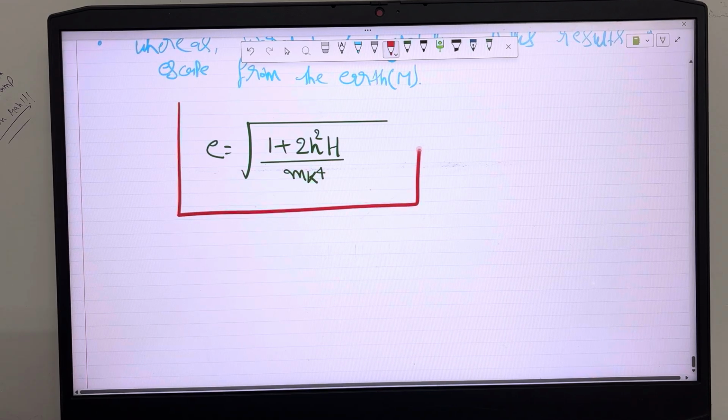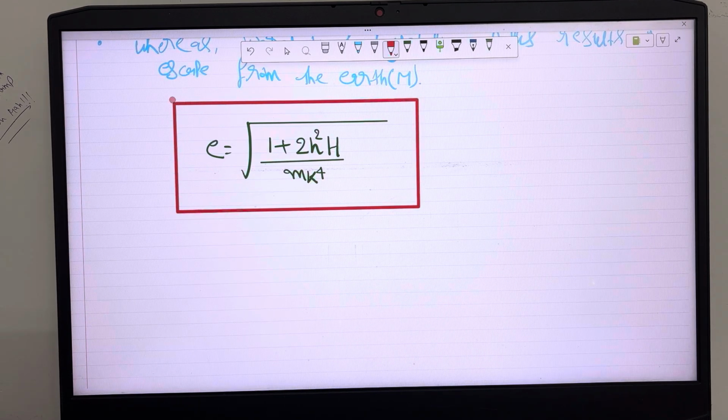You know all these things over here, right? One thing you don't know: h is nothing but your angular momentum per unit mass. You know already, right? This k square is nothing but your GM. Only h you don't know.